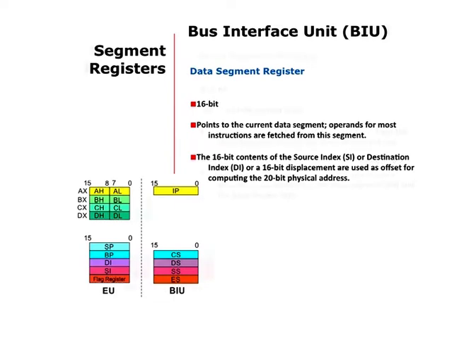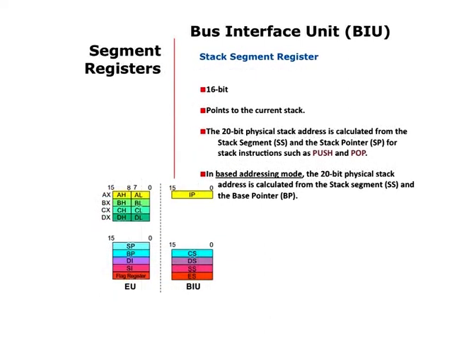Next segment register is the stack segment register. As we all know, the stack is the location assigned in the memory for temporary storage. This stack segment register is again a 16-bit register. It points to the current stack position. The 20-bit physical address is calculated from the stack segment and the stack pointer.